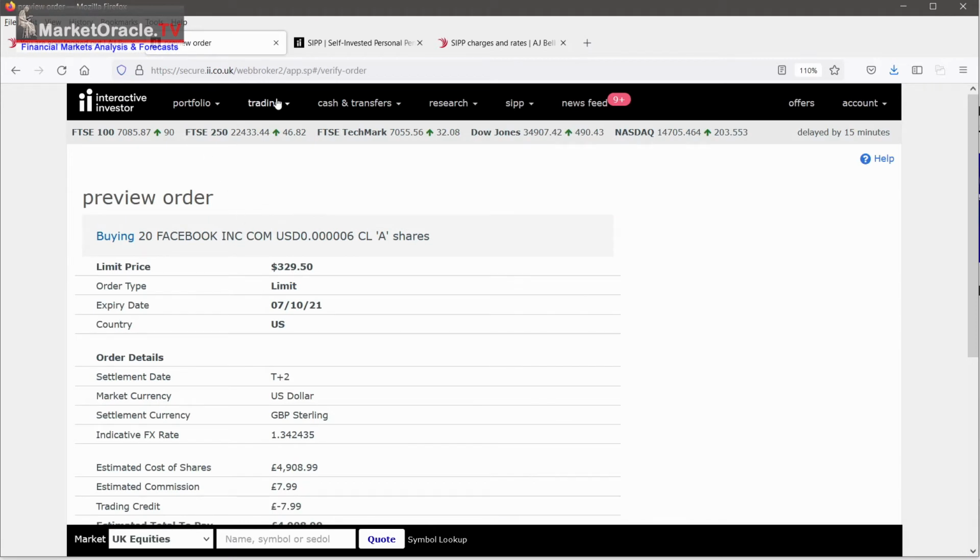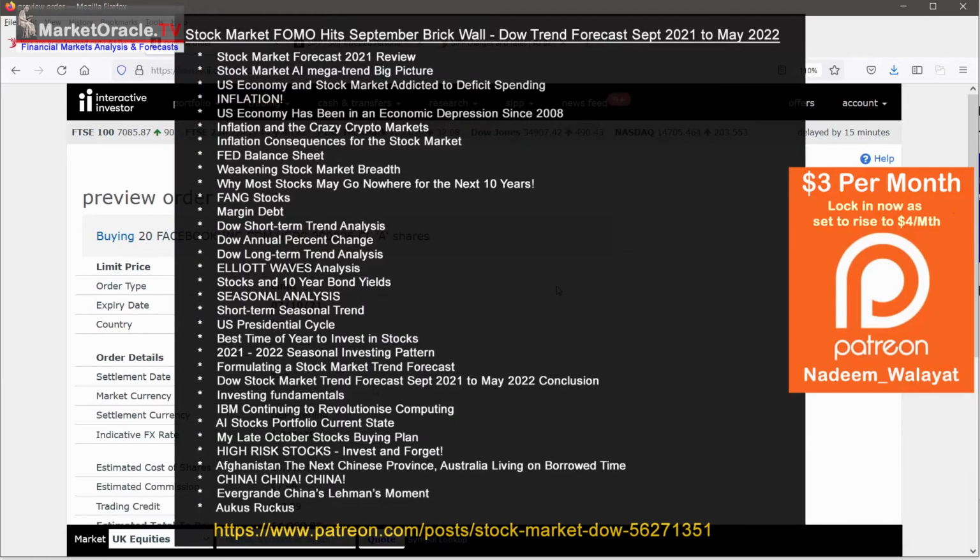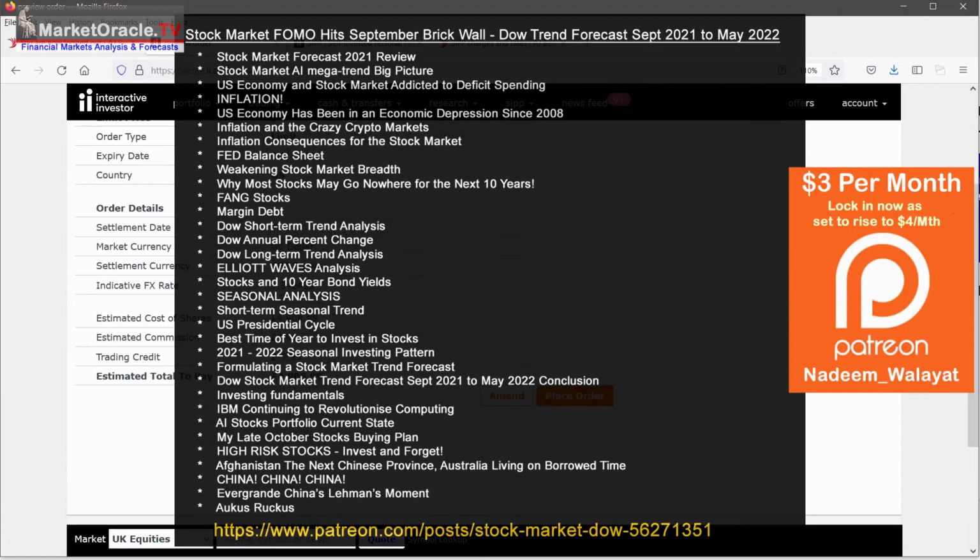So there you have it. II is the better platform. If you're thinking of opening a SIP or ISA, open it with II. Don't be bothered about the 1.5% versus 1% FX fee. You can negate that, as I've just demonstrated.